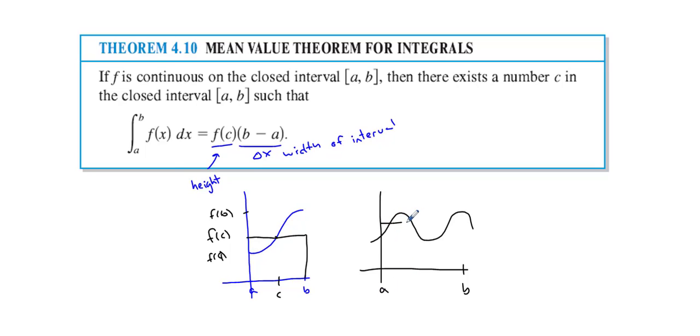Well, maybe it's up here. I don't know. And it could cross the curve a couple times, right? That height could be on the curve a couple times. And again, I don't know if this is exactly the right spot. I'm just visually demonstrating how it could look. And so this right here is the average height of the function.